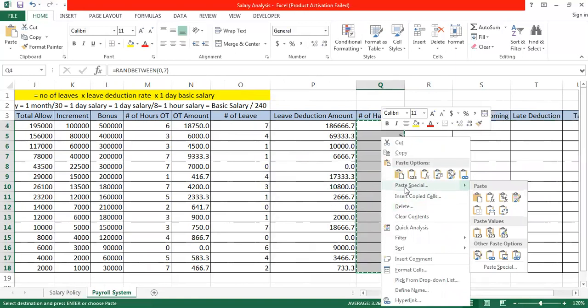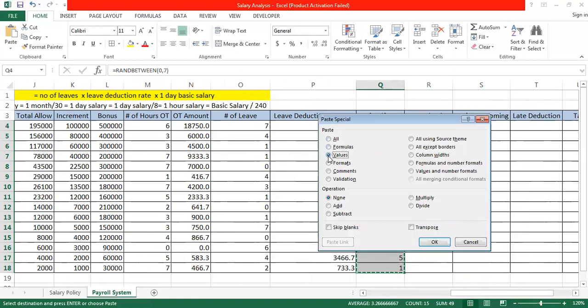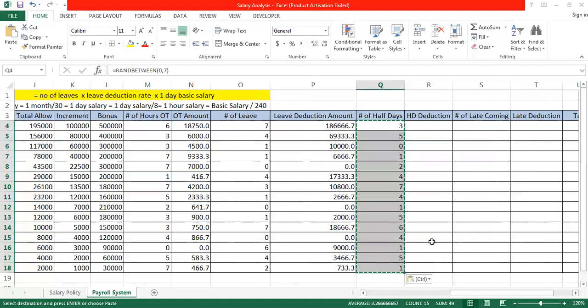Copy, then Paste Special, then Values, then OK. So now I have fixed the values generated by the RANDBETWEEN formula and eliminated the formula from the cells. And now half day deduction is on the basis of number of half days performed.